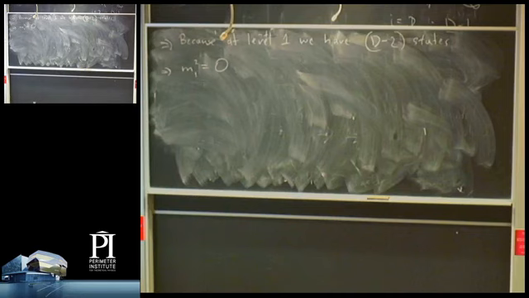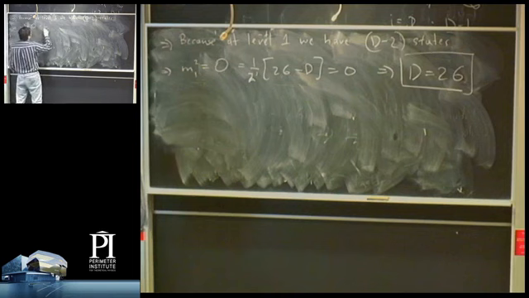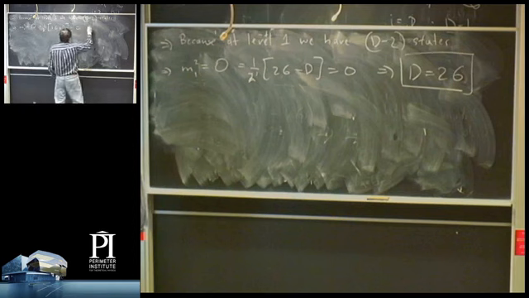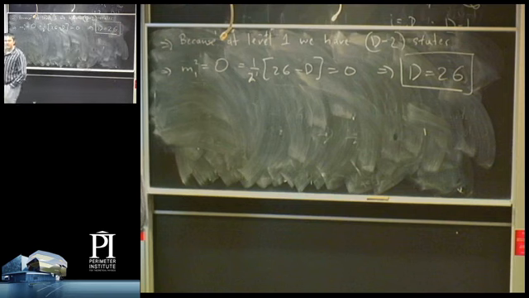Okay, so those states must be massless. Otherwise, there is a different little group that characterizes the representation. So what we computed for the mass there, 1 over alpha prime, 26 minus d, must be equal to 0.